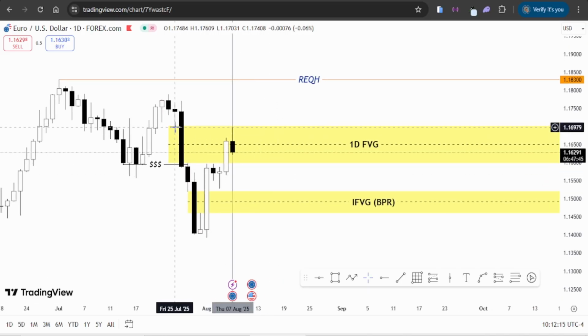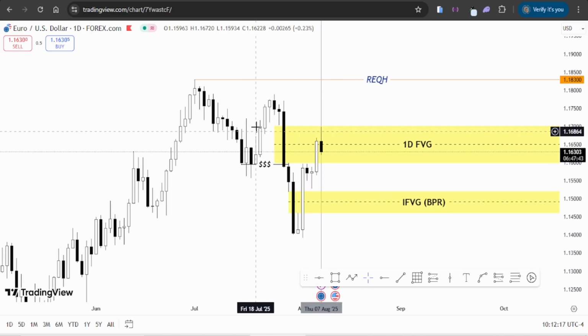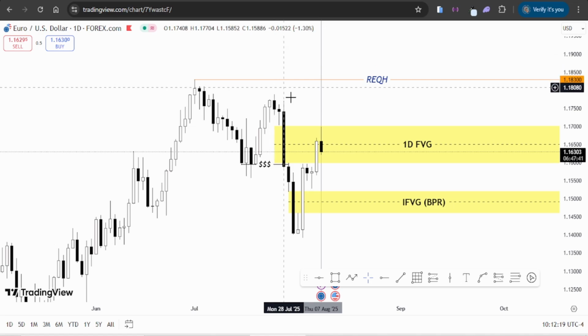So assuming there was a sweep of liquidity here, I would have considered this fair value gap as a stronger fair value gap.